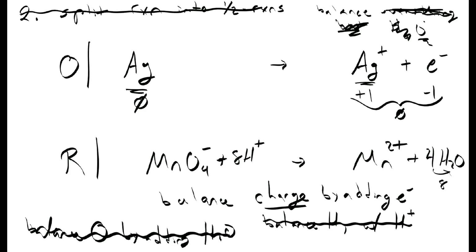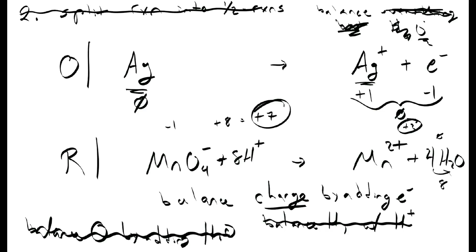Next thing we need to do is we come down here and we do the exact same thing to our reduction half reaction. We look at the total charges. We have -1 and +8 on the left equals +7. And on the right we have +2 and 0 makes +2. So we need to bring the +7 down to match the +2 on the right-hand side.